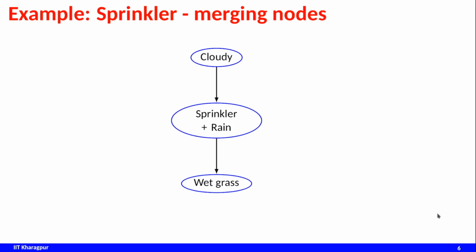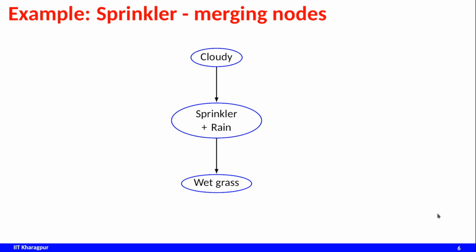When I make the graph this way, with cloudy, then sprinkler plus rain, and then wet grass, I can analyze it pretty easily. And the interesting thing is that if I want to find out wet grass, I just need to know the sprinkler and rain, and then I can figure that out.